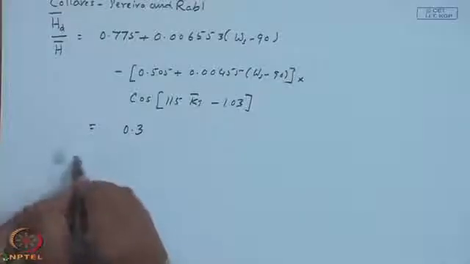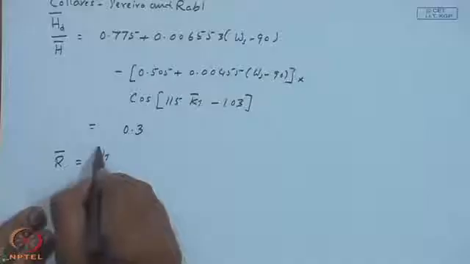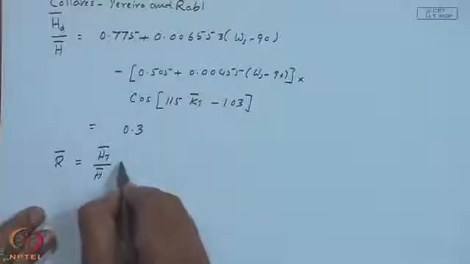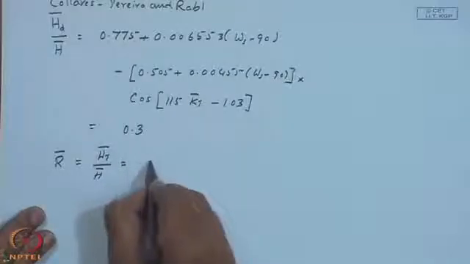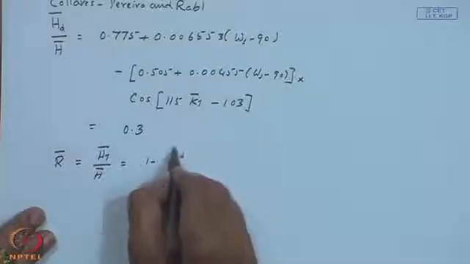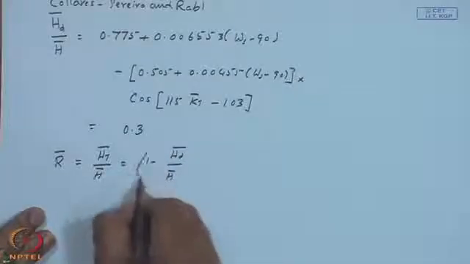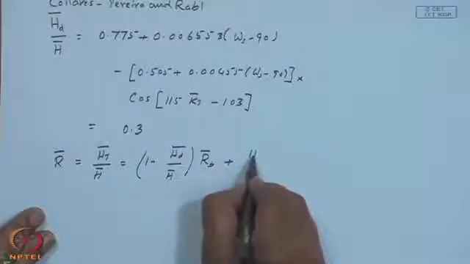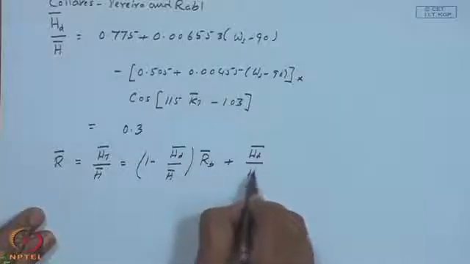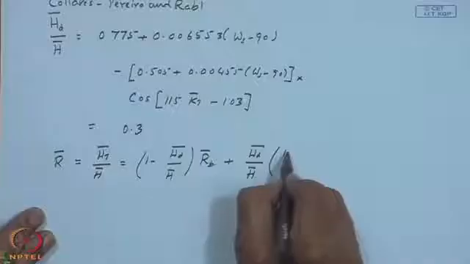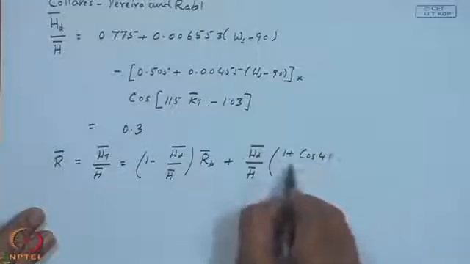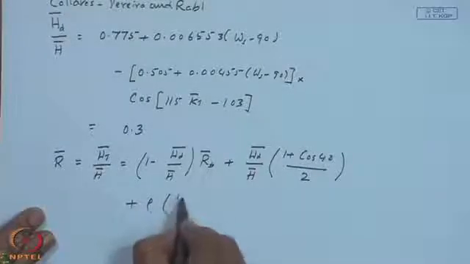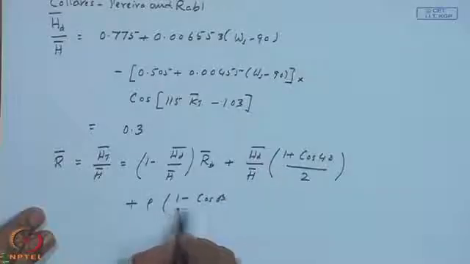So, R bar will be 1 minus h d bar by h bar, now you understand why we calculated this, times R b bar, plus h d bar by h bar times (1 plus cos beta) by 2, plus rho, which is 0.2, times (1 minus cos beta) by 2.